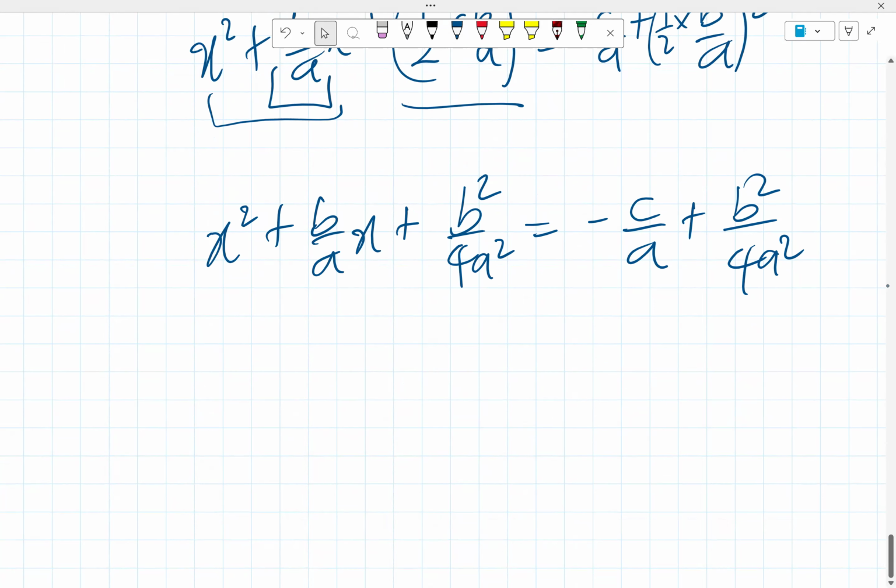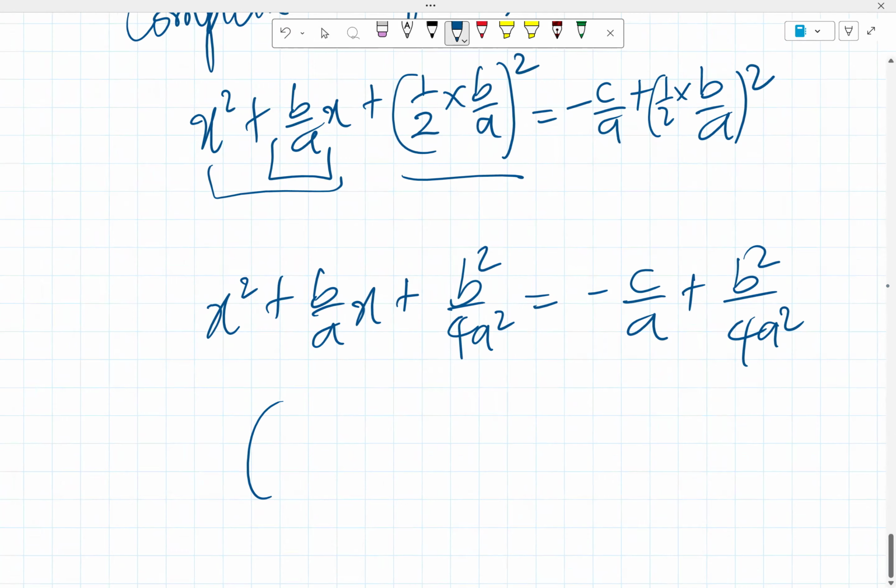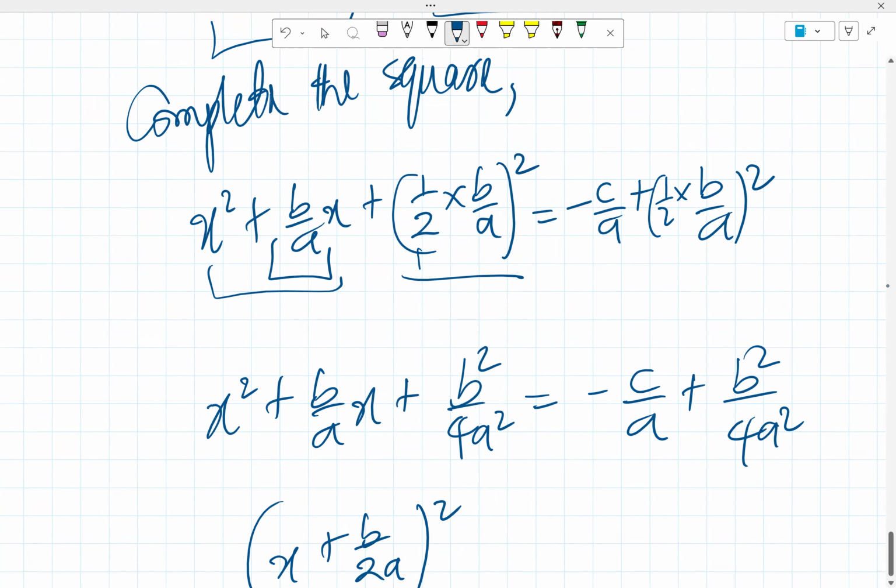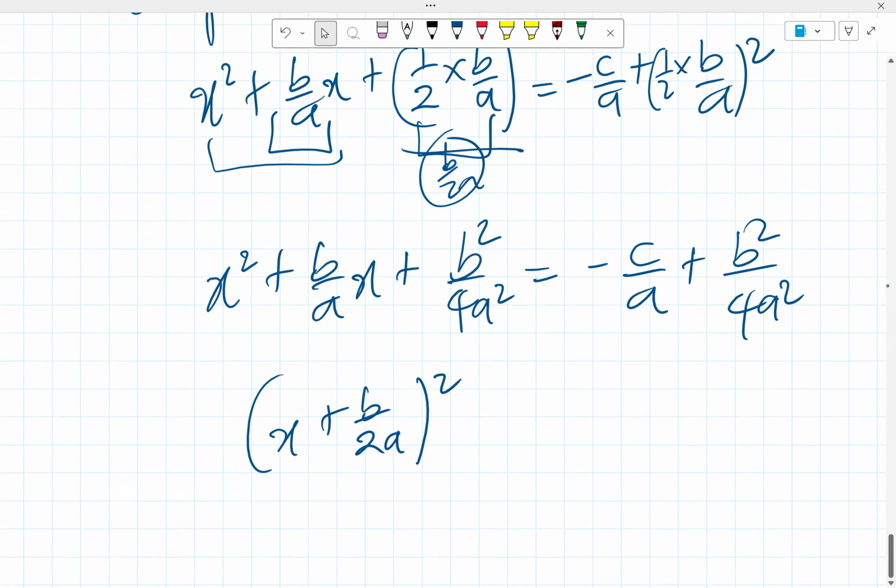So you then tidy up. Generally speaking, the left expression should be the same thing as x plus b over 2a raised to power 2. If you expand, you have x squared plus 2 times x times b over 2a. So 2 cancels 2, and you have b over a multiplied by x.